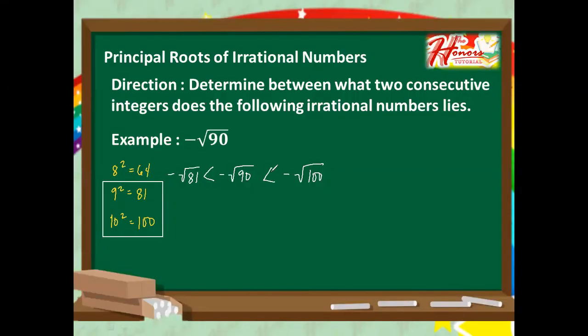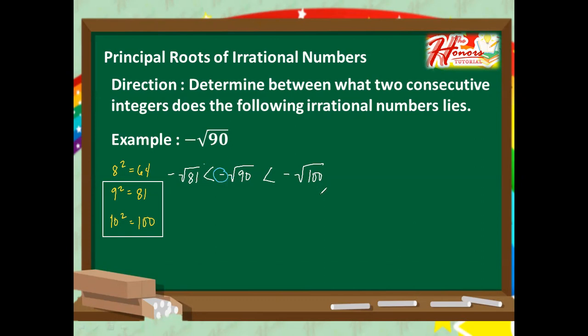This is the usual way of writing it, right? But don't be confused. It is because we have here negative sign. So therefore, we have to interchange the places of 81 and 100.